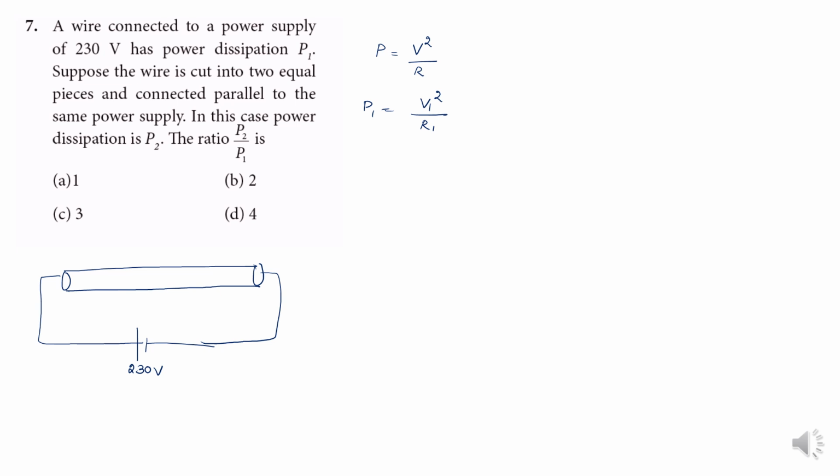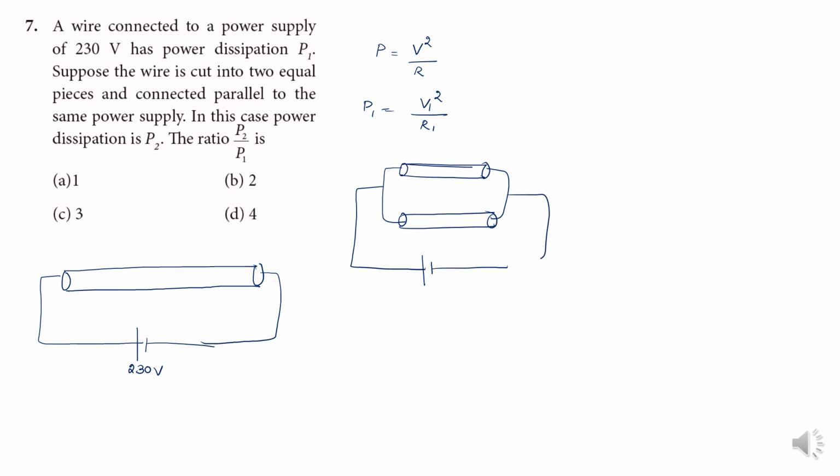In the second case, you are going to cut this into 2 pieces and this wire is connected to the same power supply. So let this be one portion of the wire and let this be the second portion of the wire. Both are connected in parallel and connected to the same power supply of 230 volt.